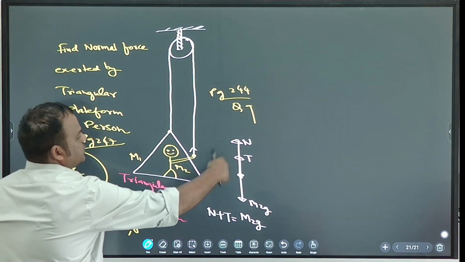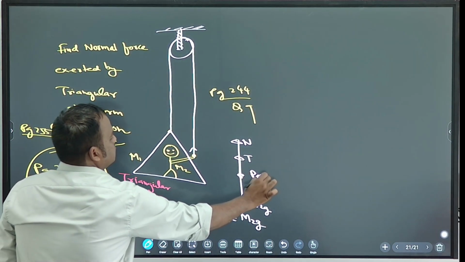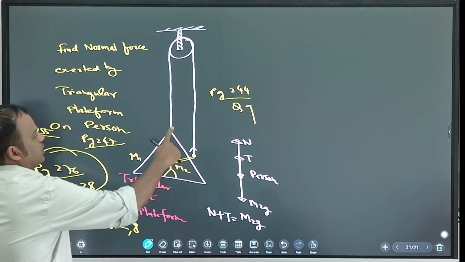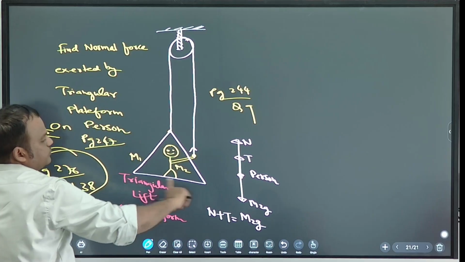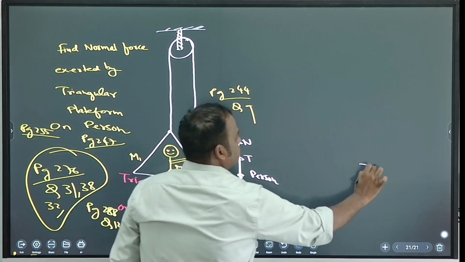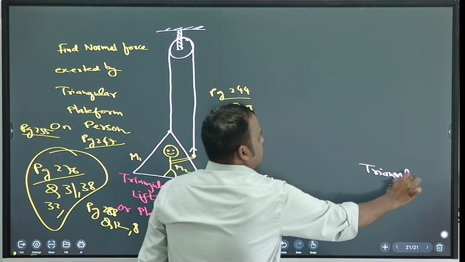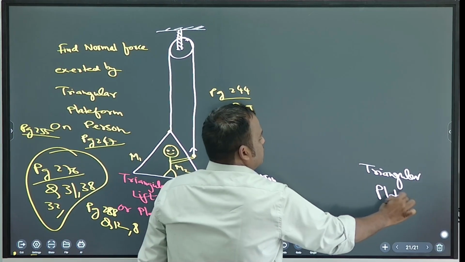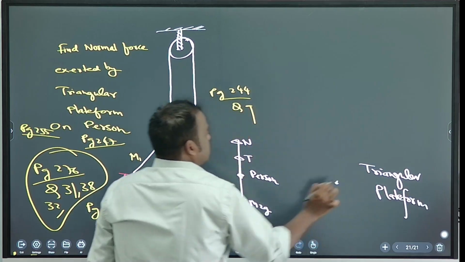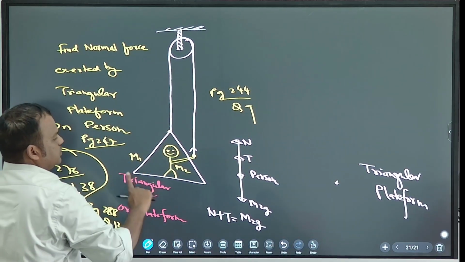Now this is for the person. Now the triangular platform. Tell me, what is the downward force on the triangular platform?